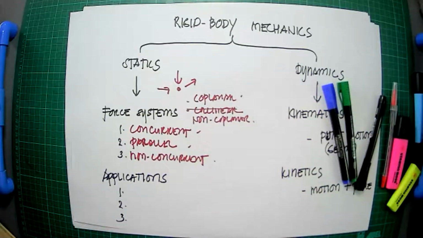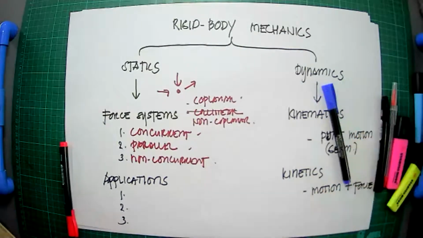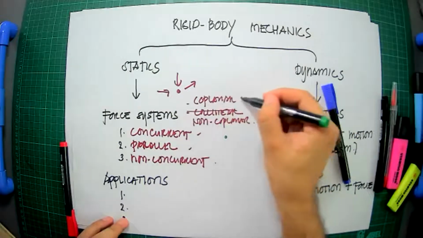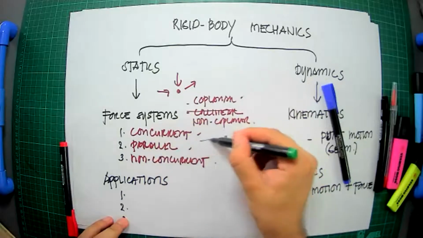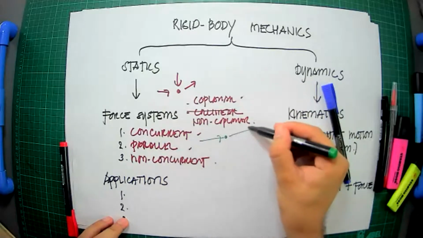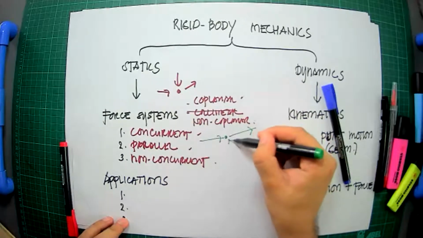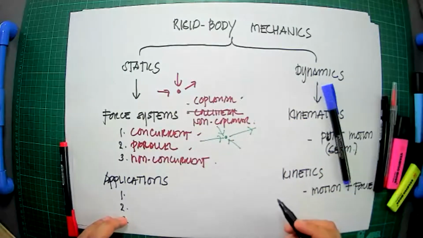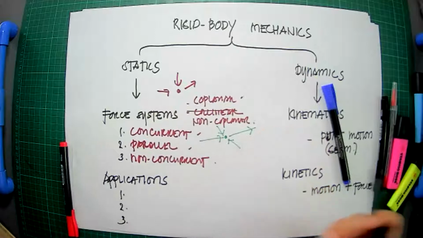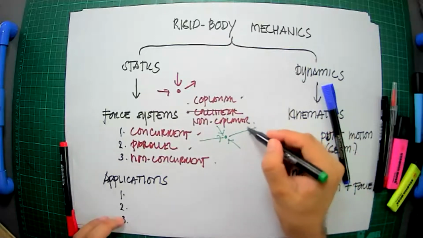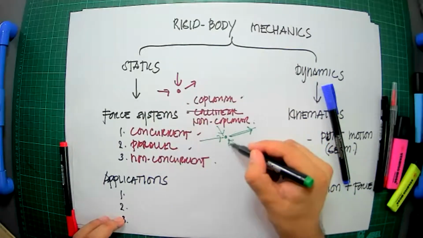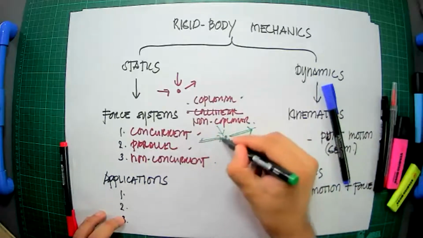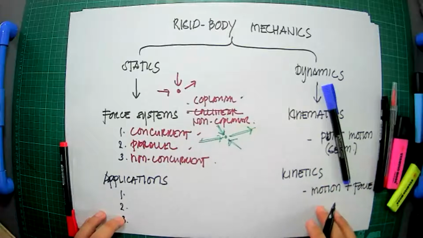Ang concurrent nga force system, if the force is in coplanar, at the same time intersects on a single point. Okay, so they're concurrent. If they're meeting on a single point, it could be away from the point or towards the point. It depends. Okay, this is concurrent.